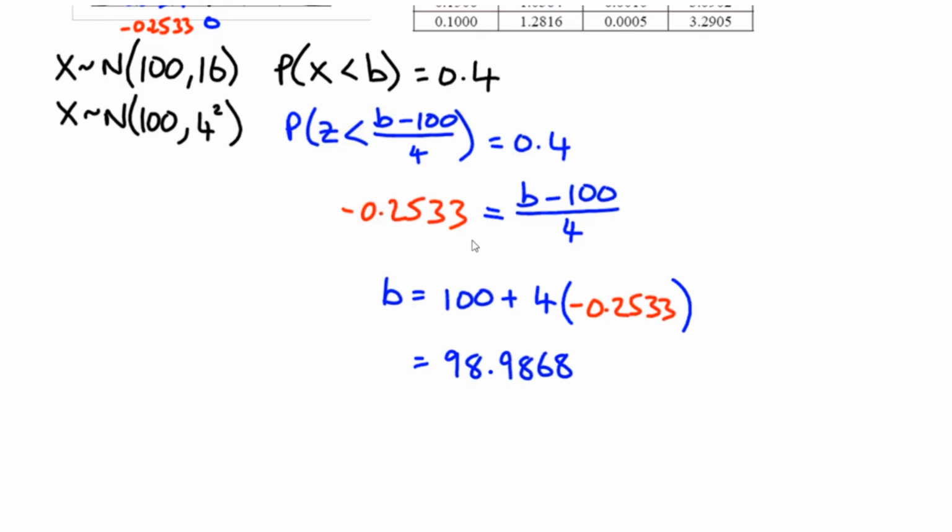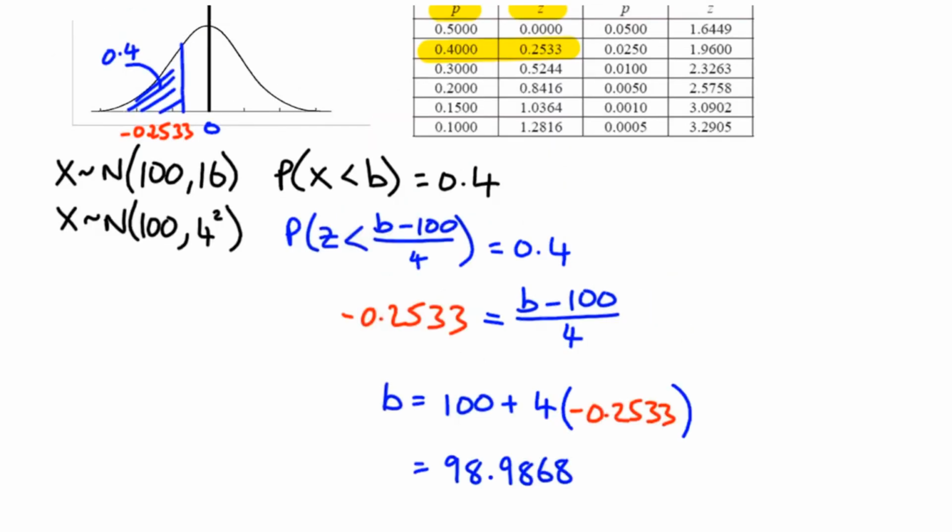Okay, can we do a sense check? The mean was 100, and I knew this value would be very close to the mean since 40% is close to my 50%. So yeah, I'm happy that that's going to be an accurate, sensible answer. 98.9868 is the value of b.